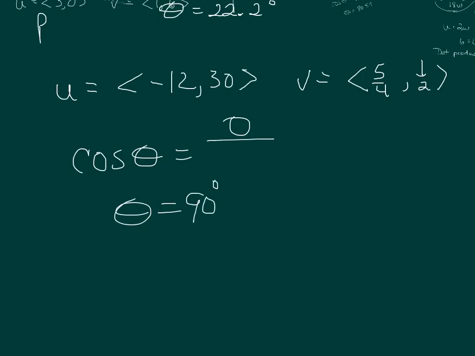These vectors are perpendicular. Another word for perpendicular is orthogonal. If lines are orthogonal, they are perpendicular to each other, and if two vectors are orthogonal, the dot product is 0.